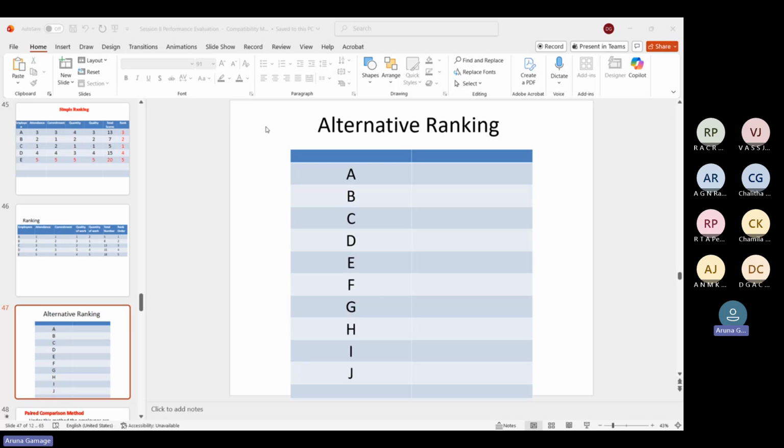Select anybody as the best employee. Who is the best employee according to your understanding? Suggest the name of anybody, any employee as the best one.